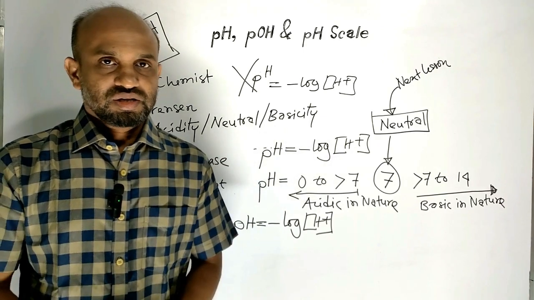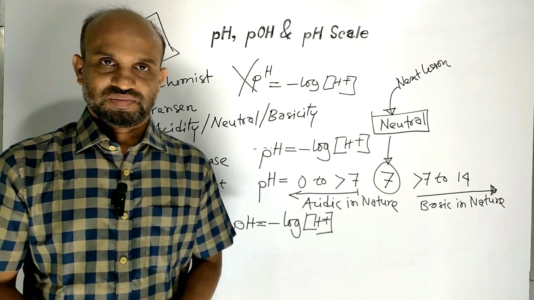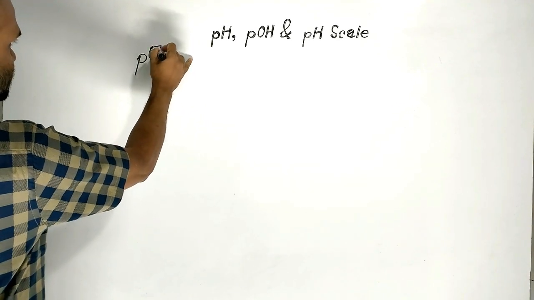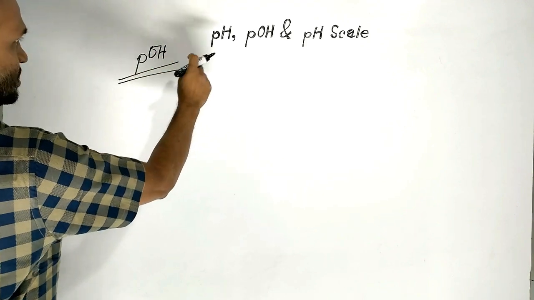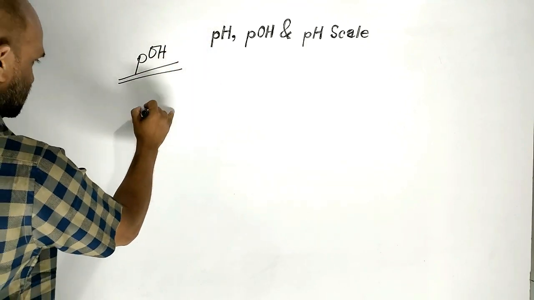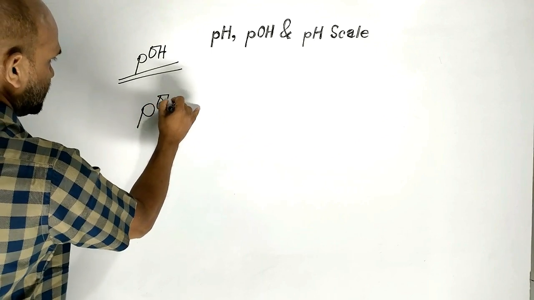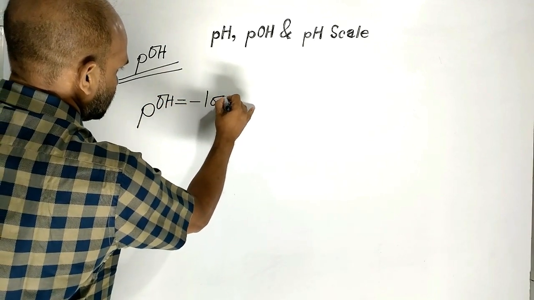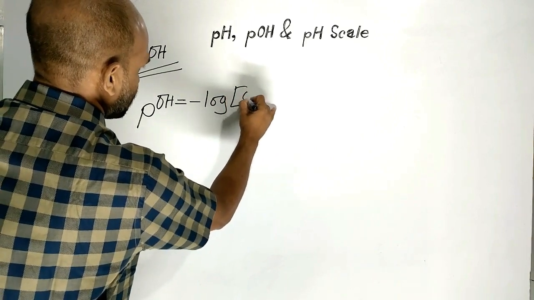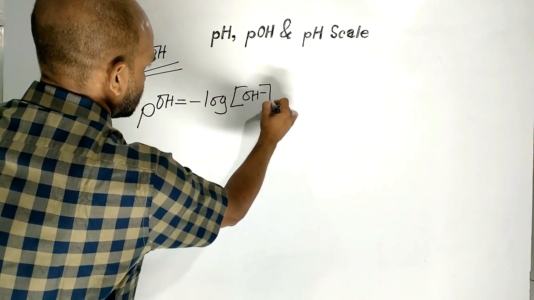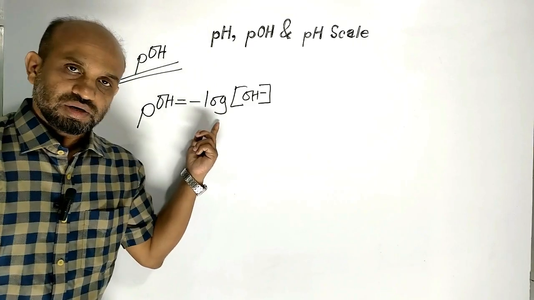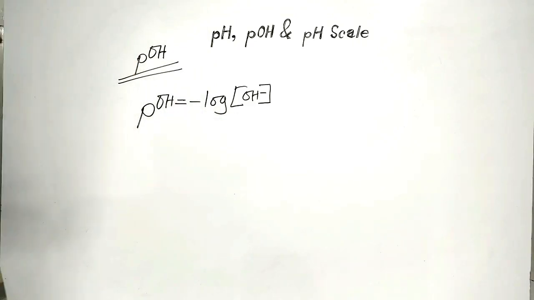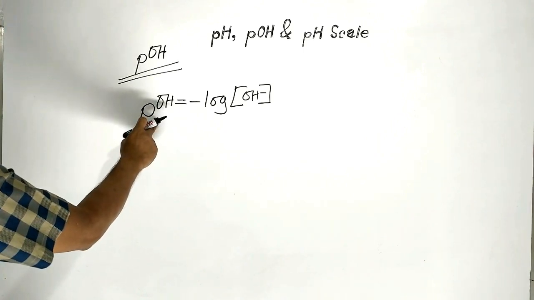Now, let us see what pOH is. Like pH, pOH is minus logarithm of hydroxide ion concentration. Negative logarithm of hydroxide ion concentration is called pOH.